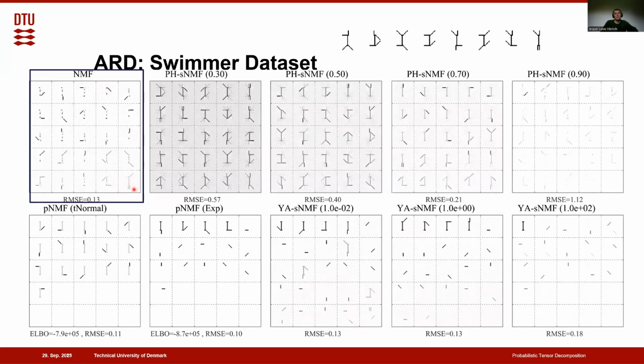It tries to use all the components, and it doesn't really look nice. We can enforce a hard sparsity, but there's no really good solution where it splits the data in any of these. We can do this more soft sparsity, and there we see something nice in that we get the torso as one, and then the legs coupled to the torso, and then mostly we get limbs on the others.